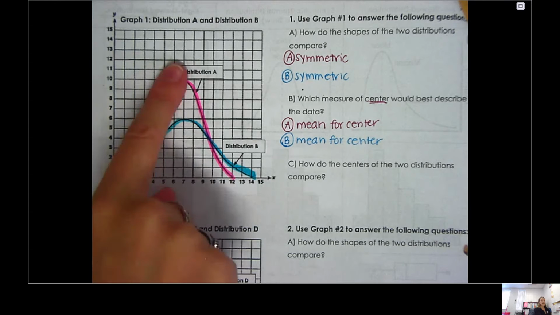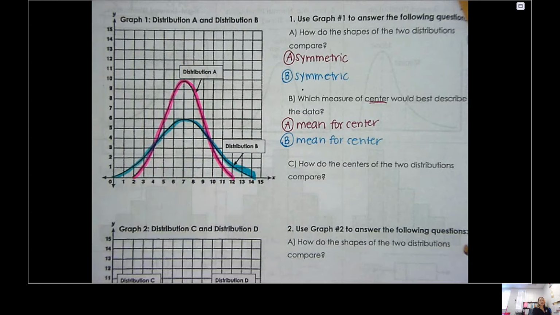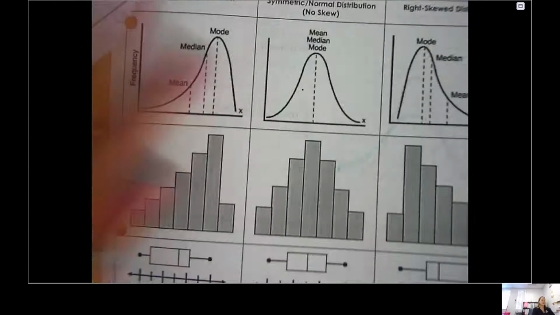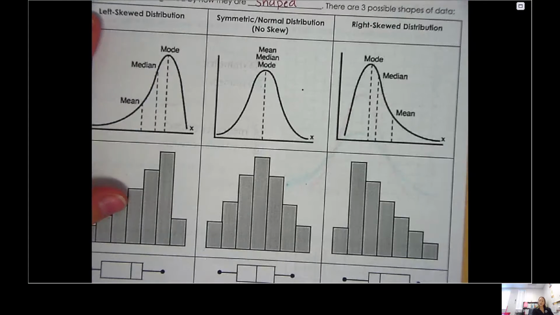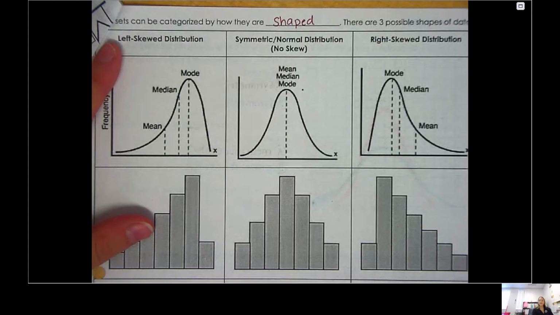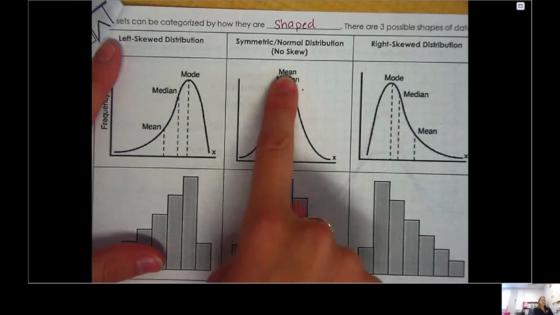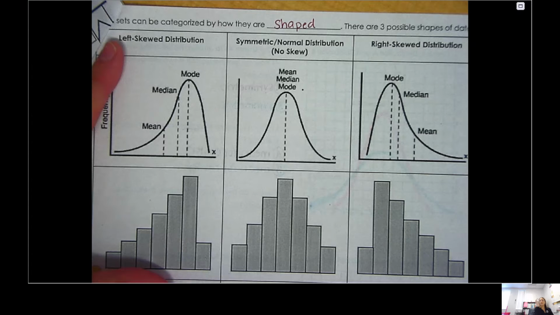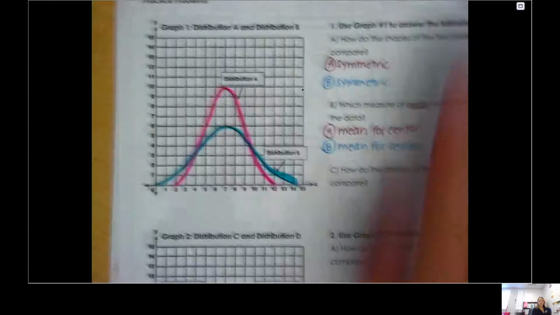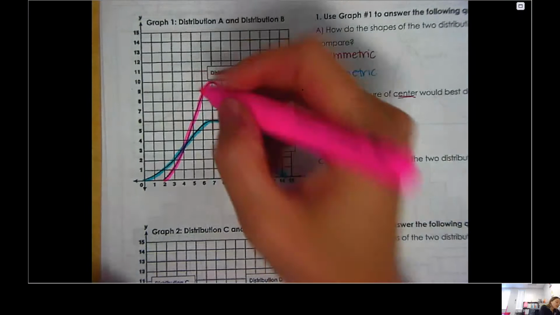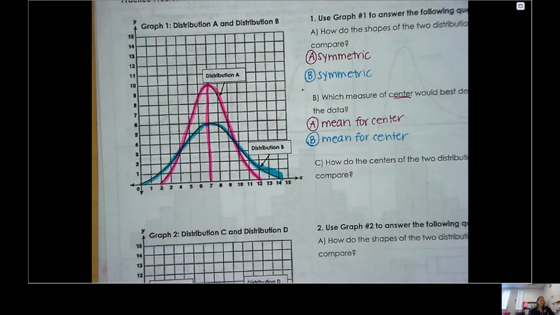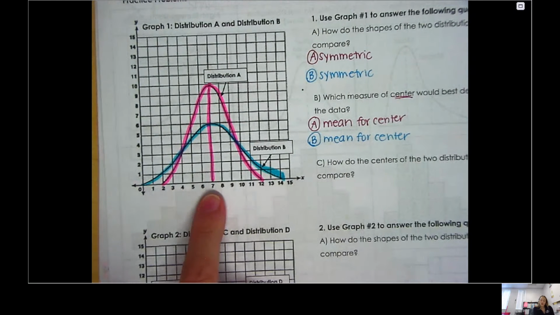Okay, so I've got distribution A in pink. Blue is down underneath it. Now, to find the center, we just said we're going to look for the mean. The mean is located right at the center of where the hump of the graph is, where the top of your graph is. If you go to the center of your pink graph right over here, you go over 7.